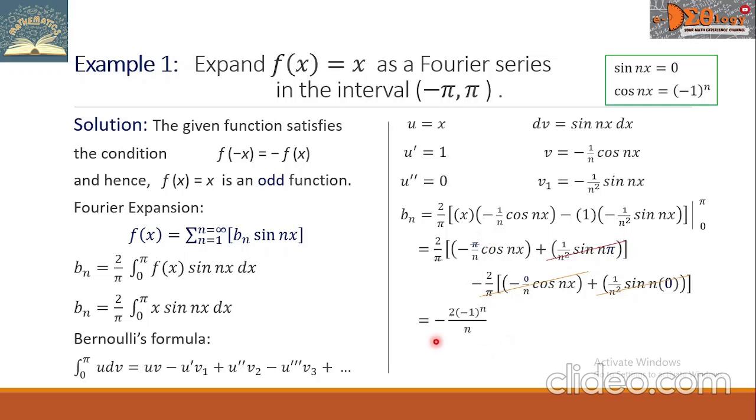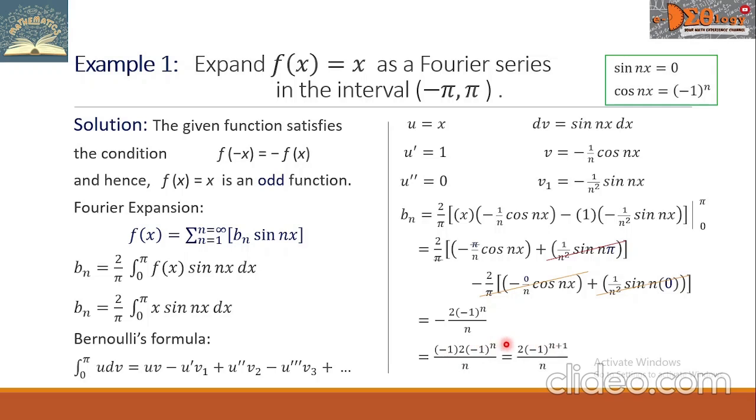Simplifying further, we have now this negative of 2 times the negative 1 that is raised to n all over n. This negative sign here we can write as negative 1. Then this negative 1 we will combine with this negative 1 that is raised to n by simply adding the powers.